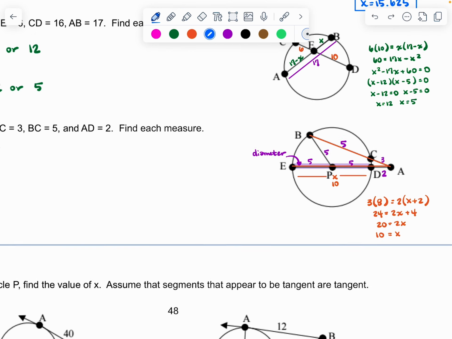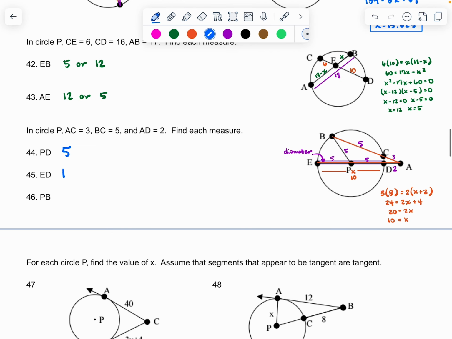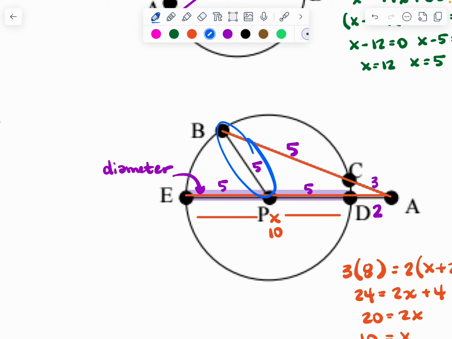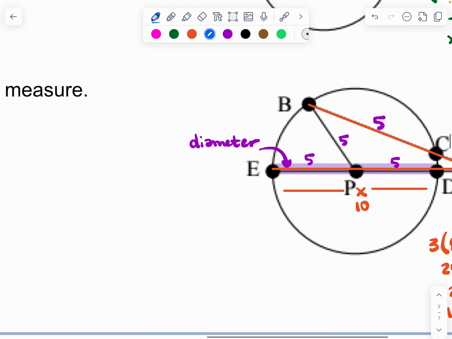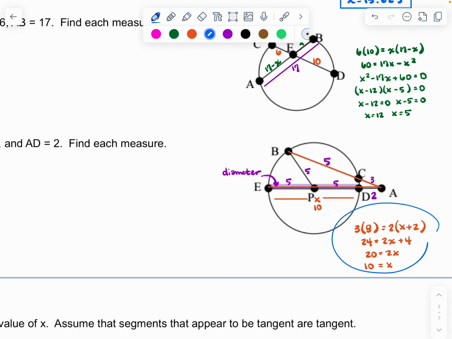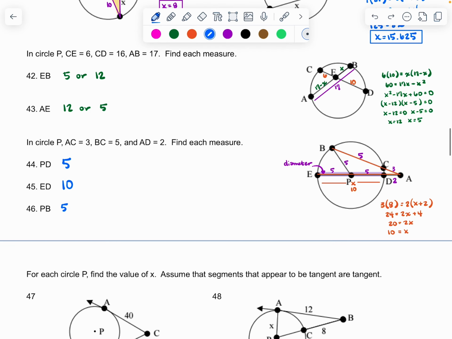That was the whole diameter of 10. So 10. And then PB. Oh, well, PD, another radius. So 5. Again, not a lot of math. We just did this tiny little algebra equation, but you have to recognize what equation to use and then how that affects everything else in my picture.